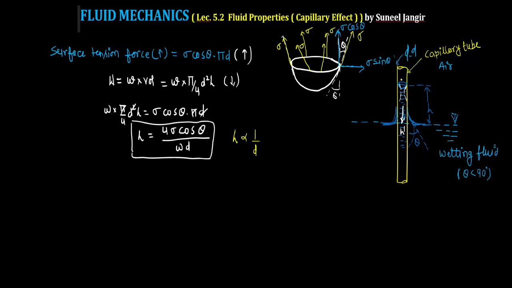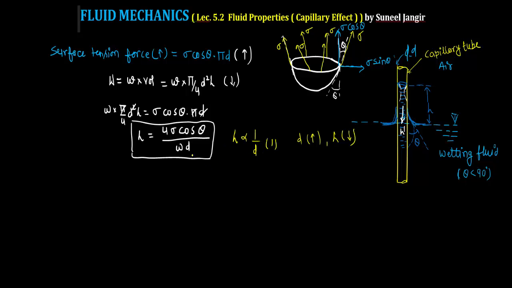In this case the dimension d is very small, that's why you can see this significant rise of water in this tube. If I increase the dimension of the tube, the height of the water in this tube is going to reduce. So as diameter increases, the height of the fluid is going to decrease. This is our first conclusion.